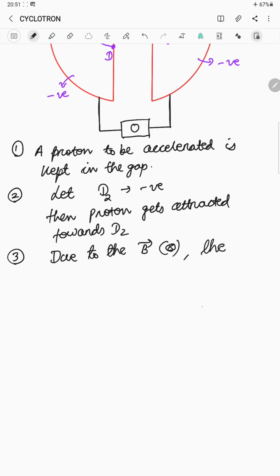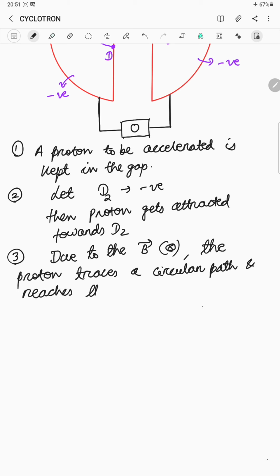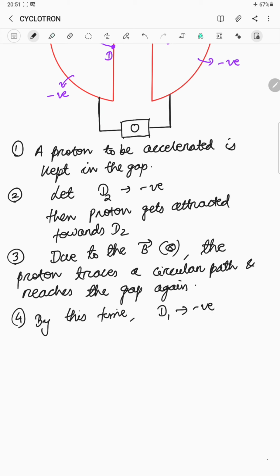the proton traces a circular path and reaches the gap again. Okay, so by this time the D1 becomes negative.